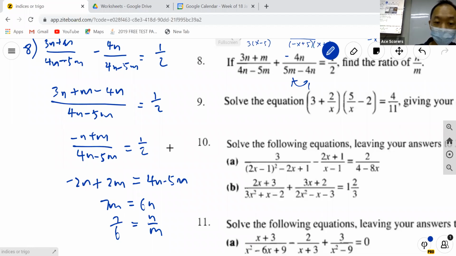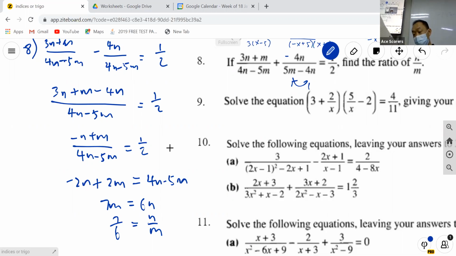Yeah, I think I'm minus 1. I see. Have a check. The bottom is on the other bottom. This one. Minus 2 here. Plus 2n equal minus 5n.